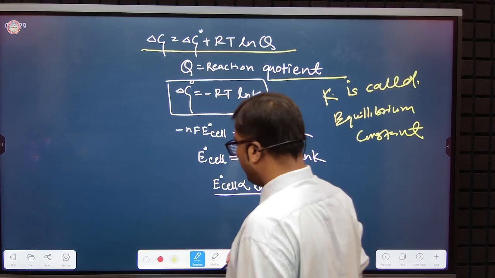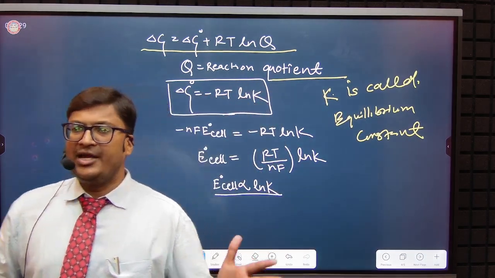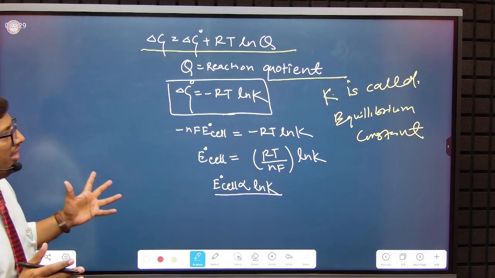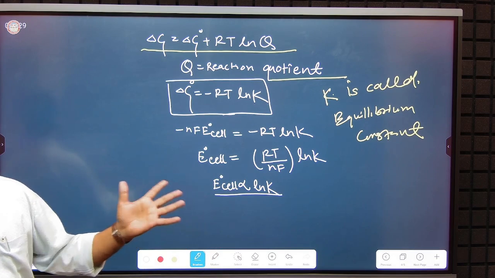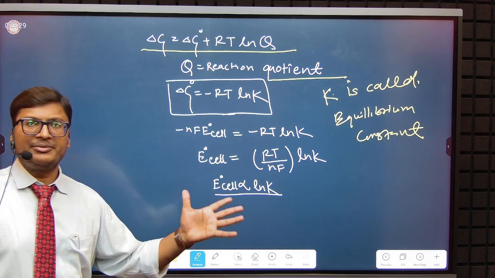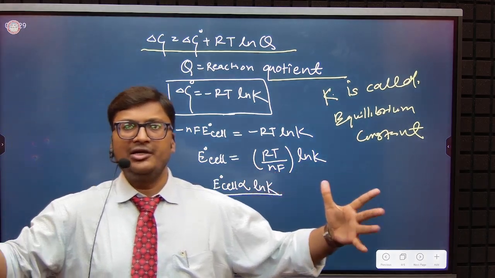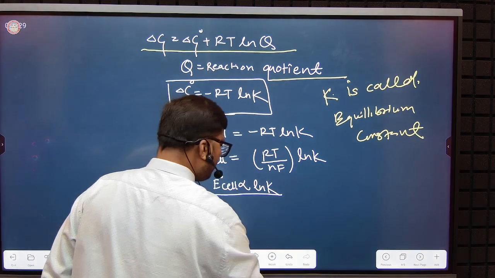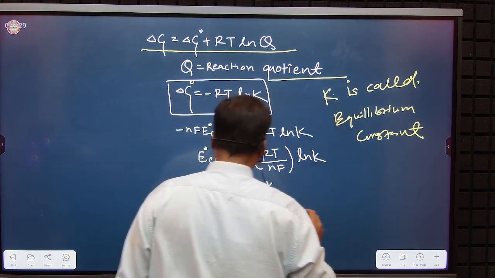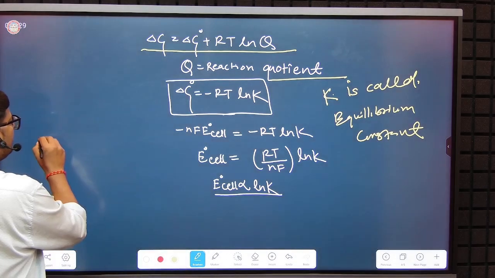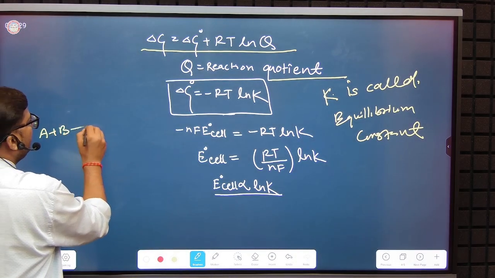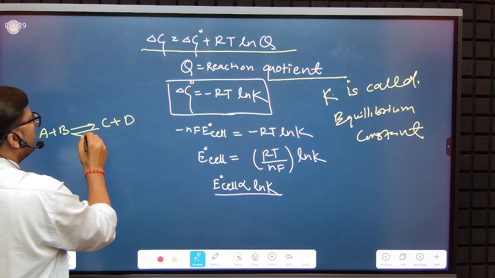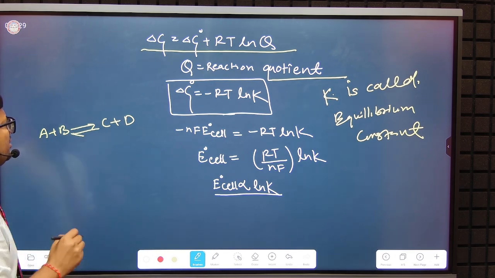It means if the electrochemical cell is thermodynamically favorable, it has an oxidation and reduction reaction simultaneously, but after passage of time there will be an equilibrium position, right? So in the previous reactions, if there are two species A plus B forming C plus D, this is the symbol of equilibrium.